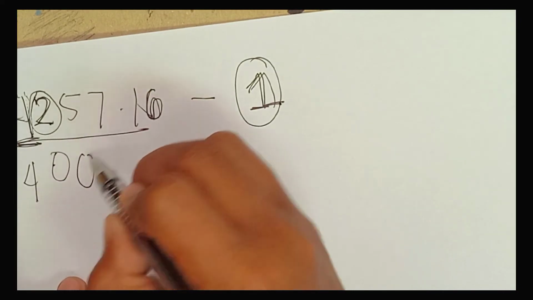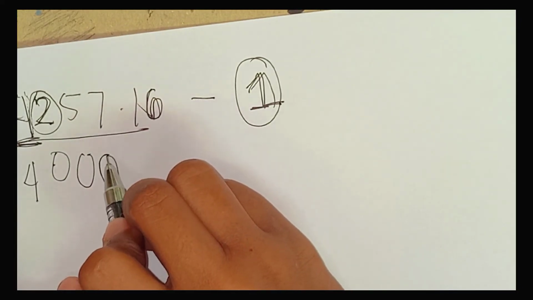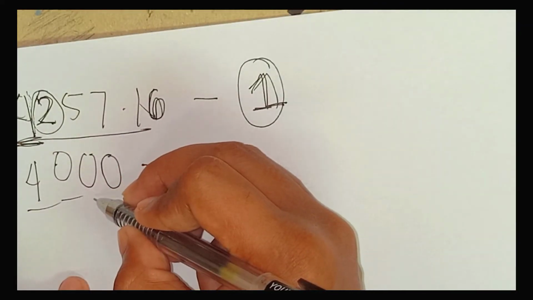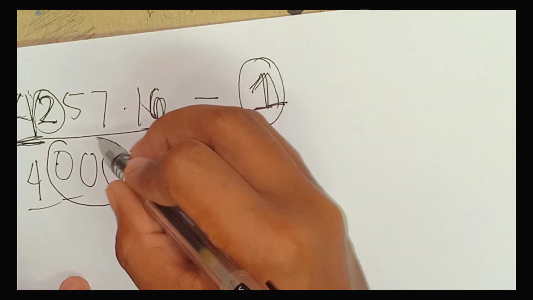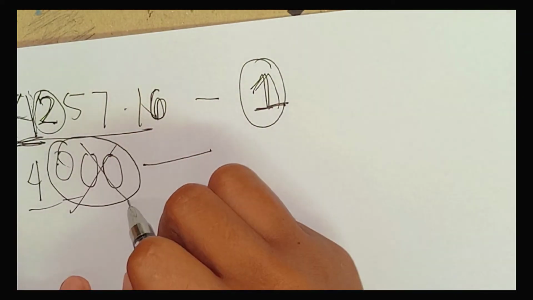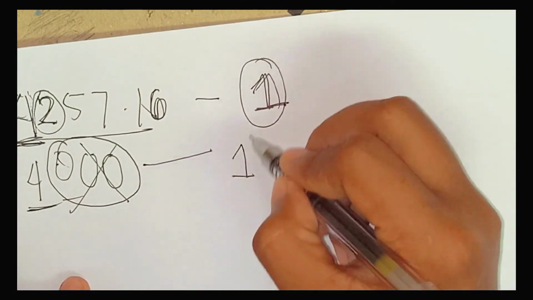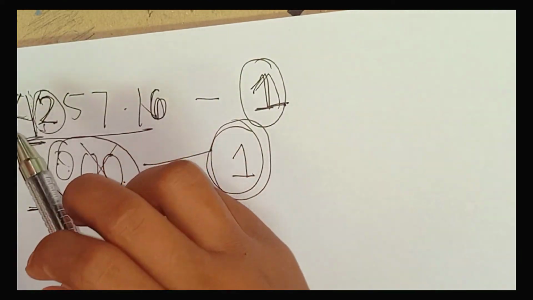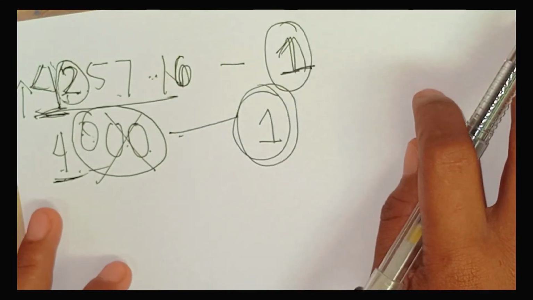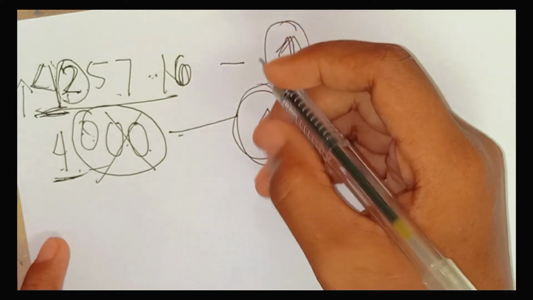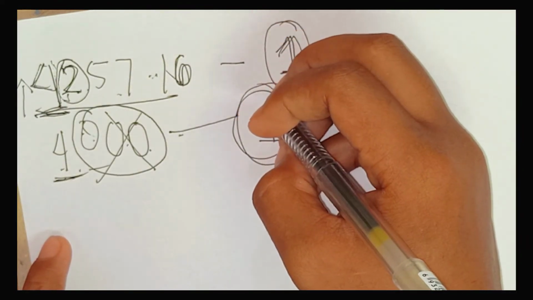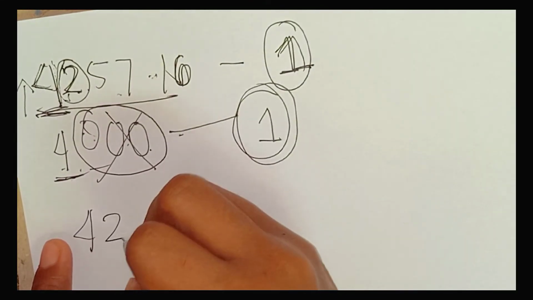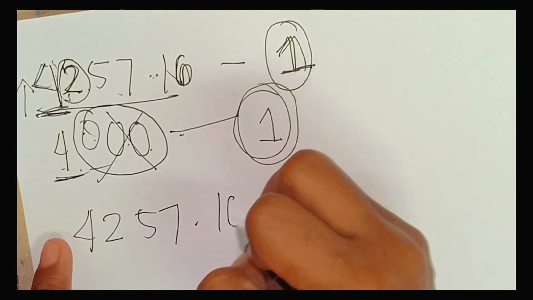Since these are trailing zeros, they are not significant figures, so we have only one significant figure. So 4,000 is very close to 4,257, right? The next is 4,257.16.